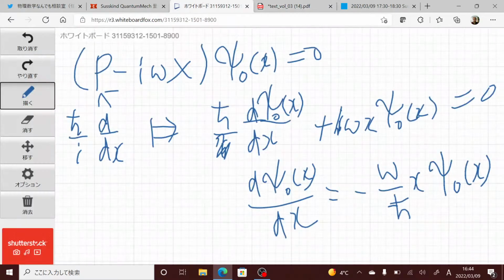I think it is the same: d psi 0 dx equals minus omega x divided by h bar psi 0.